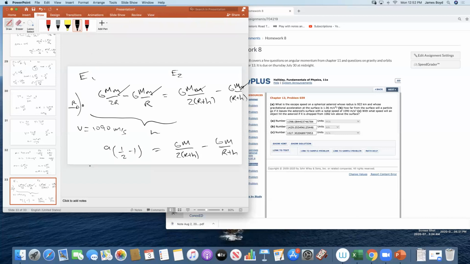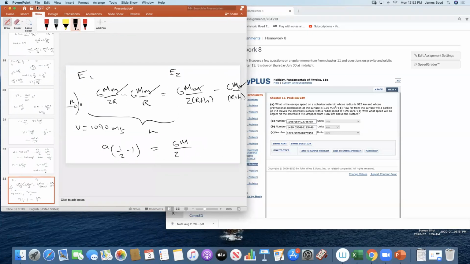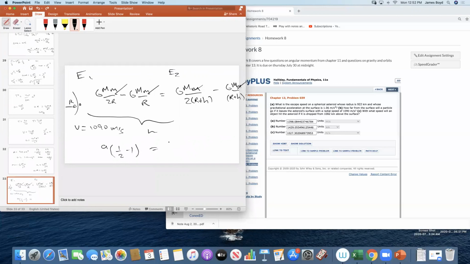So this whole thing is A times, this becomes minus GM over 2R plus H. If I multiply by that, I get that this is A to the half times 2 times R plus H is equal to negative GM. Why am I getting a negative sign there?